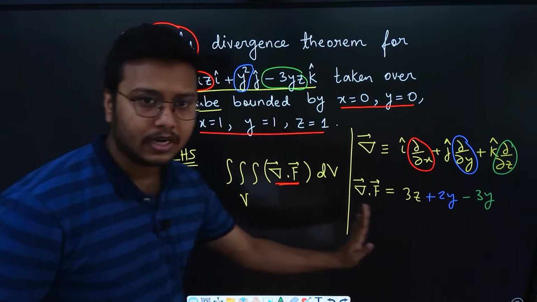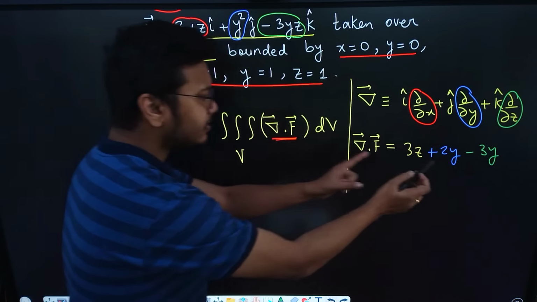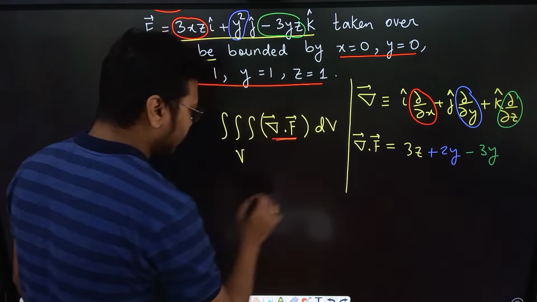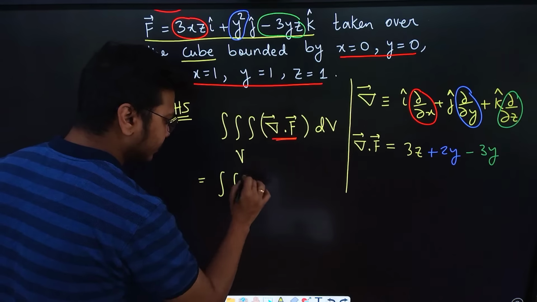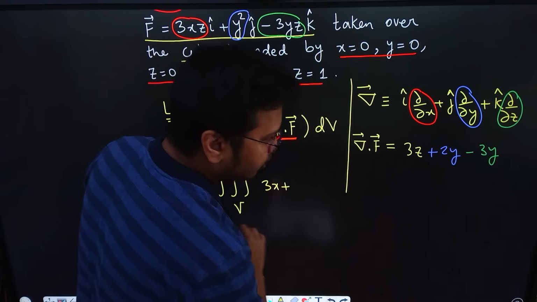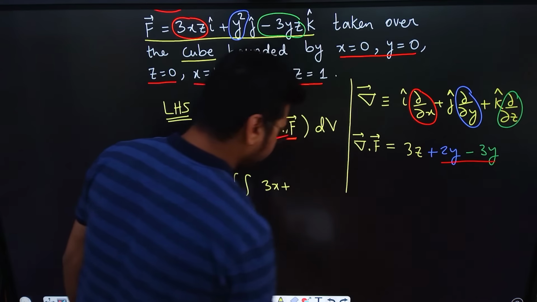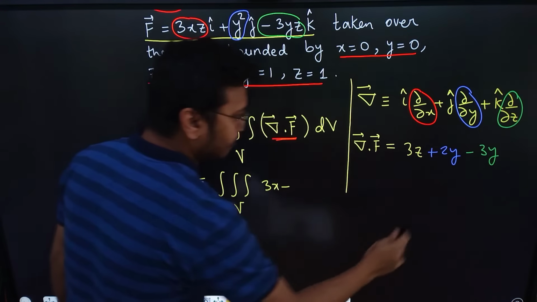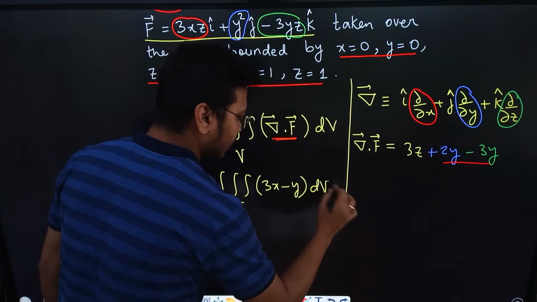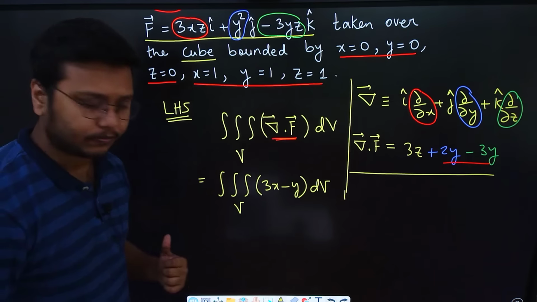So that's the divergence of f. Let's plug that value in, and we get 3z plus 2y minus 3y, which ultimately becomes 3z minus y, dV. This is the integral that we are going to find.